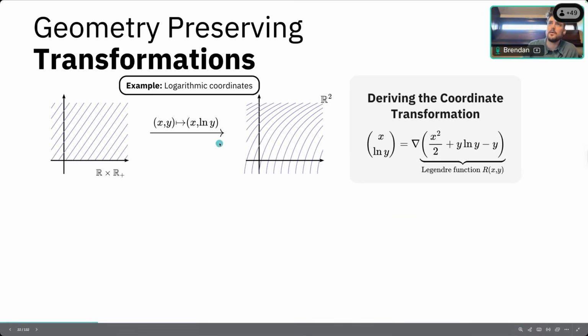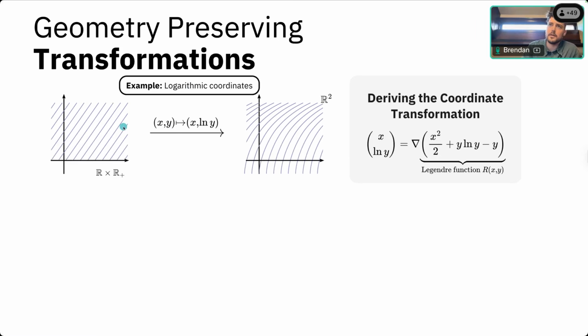So examples are required now. This transformation I showed you a few slides back from the half plane, this logarithmic transformation, should be the gradient of something. It turns out it's the gradient of this Legendre function. It's quadratic in its first coordinate, and it looks like the Shannon entropy in the second coordinate.